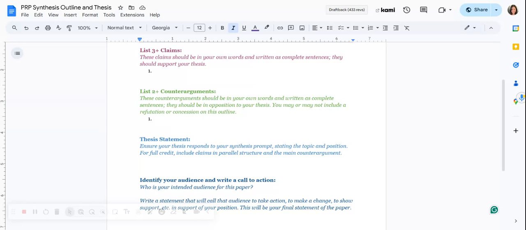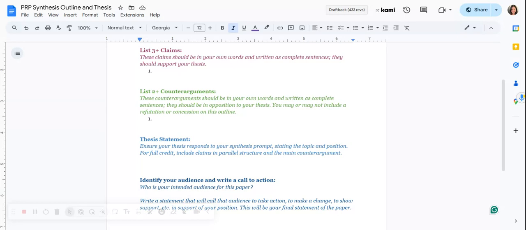I've said the topic of school uniforms already, so following the counterargument, which says, although some students feel that school uniforms limit self-expression, comma, they should still be implemented as they promote unity, claim 1, reduce peer pressure and bullying, claim 2, and enhance school safety, claim 3. All of those are written in parallel structure. My position is clear that school uniforms should be implemented, so I will have met all the requirements there.